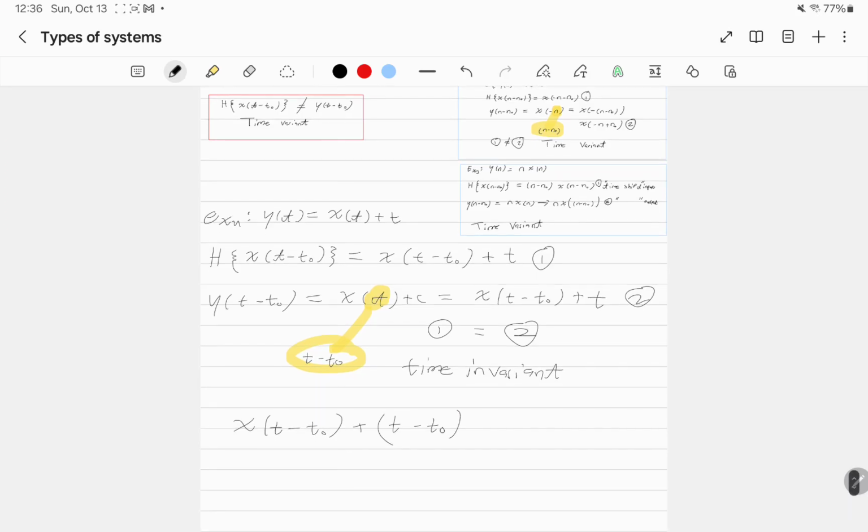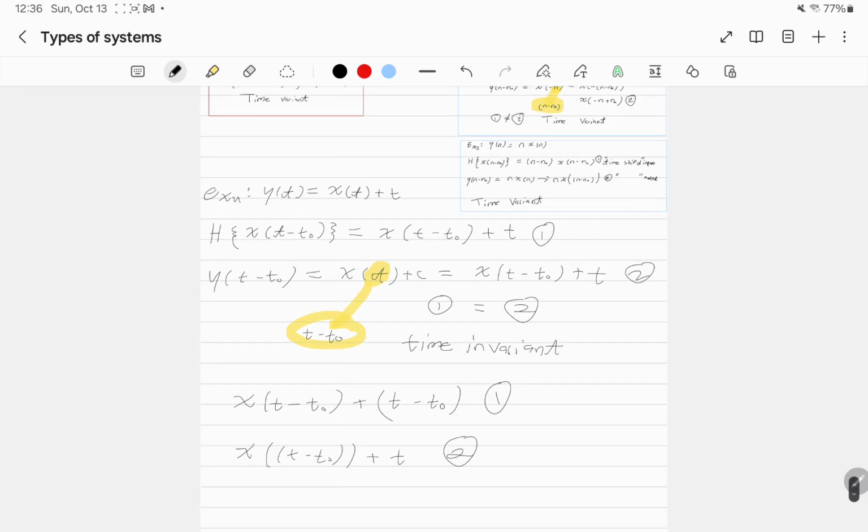Okay, that's a shift on the input, and we'll call that 1. Let's do a shift on the output, x of t, and now we sub in t minus t naught plus just t, because there is no x of t, and that's the rule for the output.